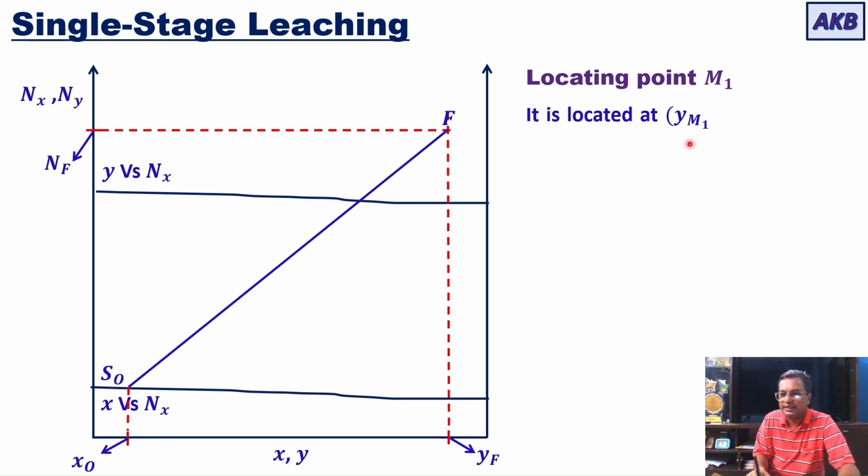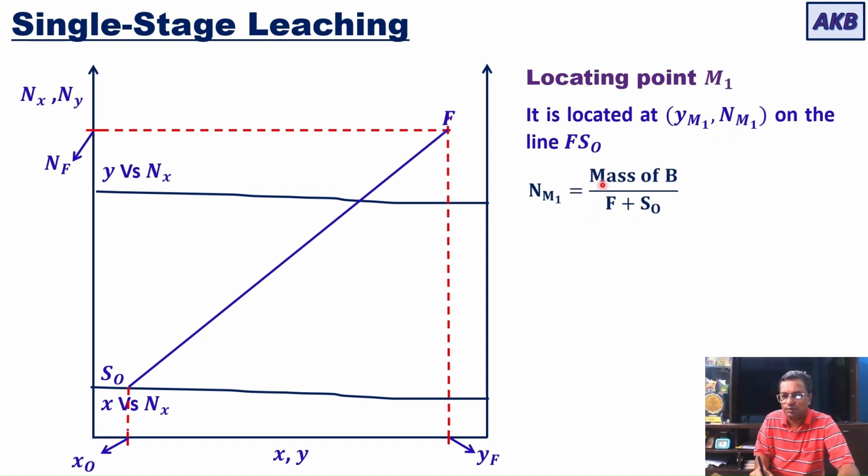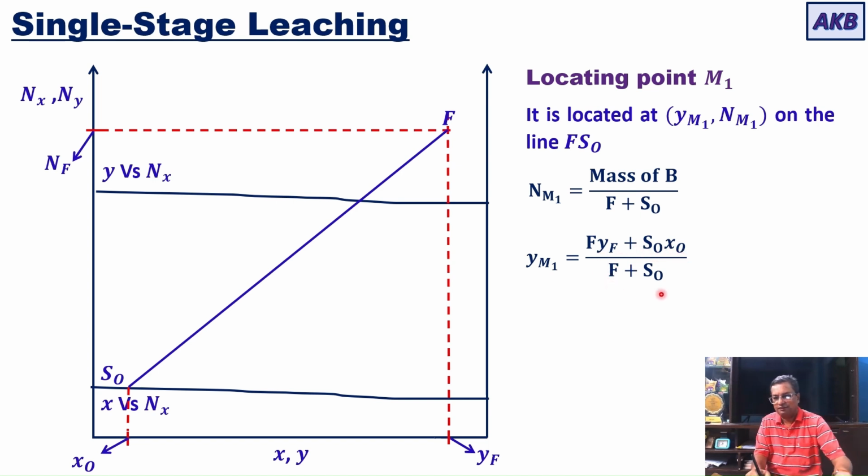It will be located at the point whose coordinates are Ym1 and Nm1, and it will be located on the line F S0. So, for that, we need to find Ym1 and Nm1. Nm1 is given by this equation, mass of B divided by F plus S0. And Ym1 is given by this equation, F into YF plus S0 into X0 divided by F plus S0.